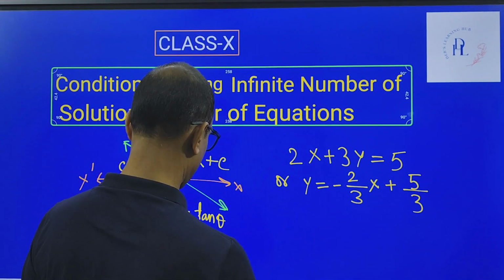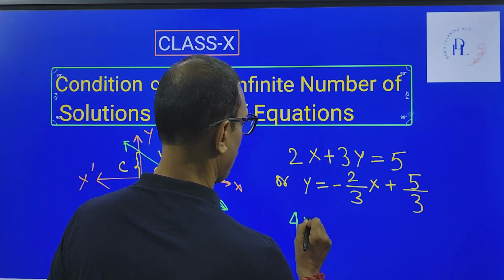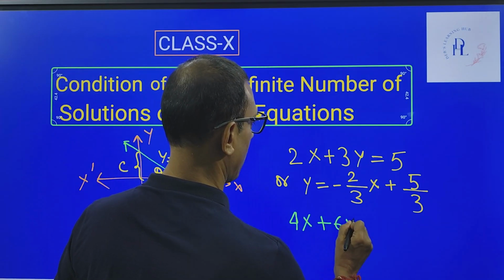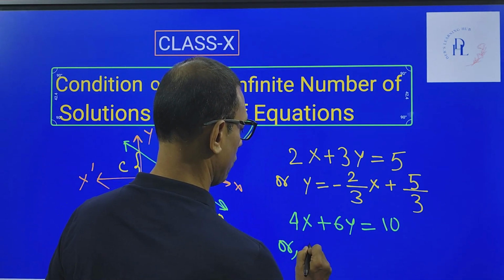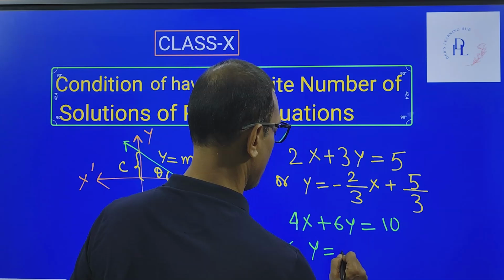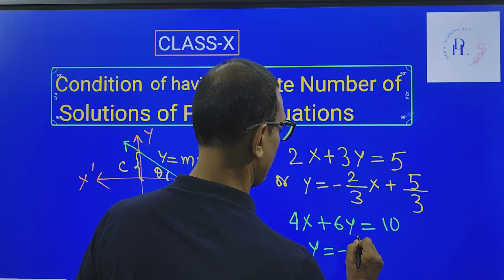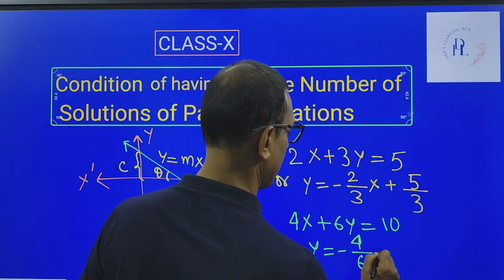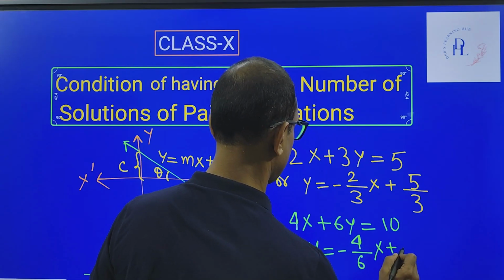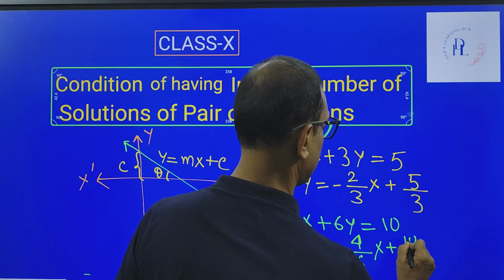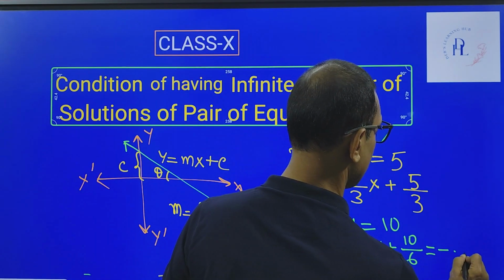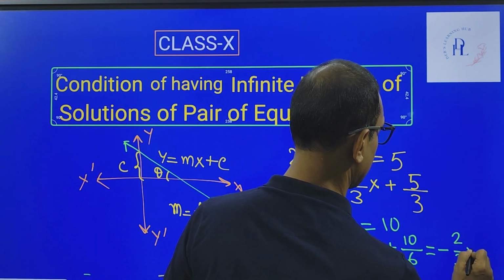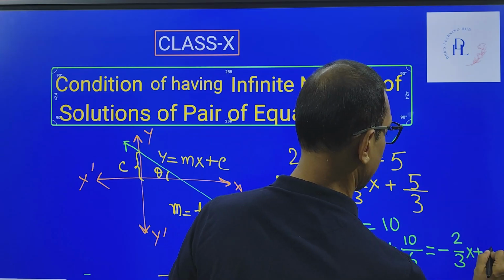And another equation is 4x plus 6y equals to 10, where also y equals to minus 4 by 6x plus 10 by 6, that is equals to minus 2/3 x plus 5 by 3.